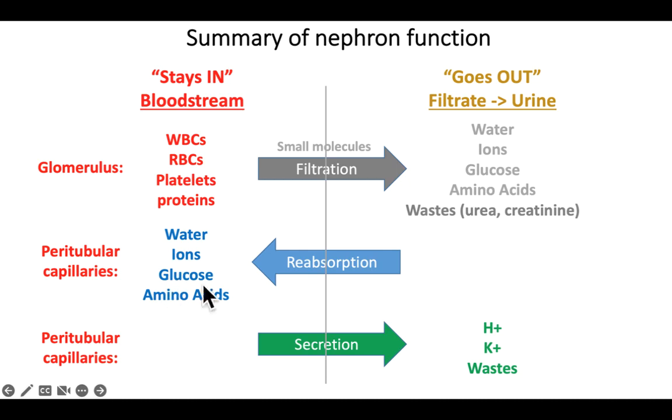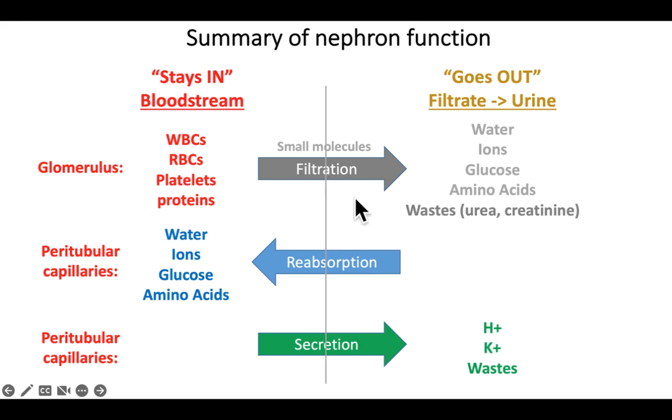Then if there's anything over here that we might have missed, we can secrete and put it into the tubule. So that's going to be hydrogen ions to prevent acidosis, potassium if there's too much potassium, and if there's any waste that we didn't quite get when we filtered, we can secrete.